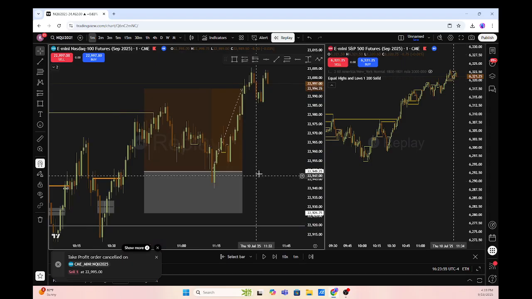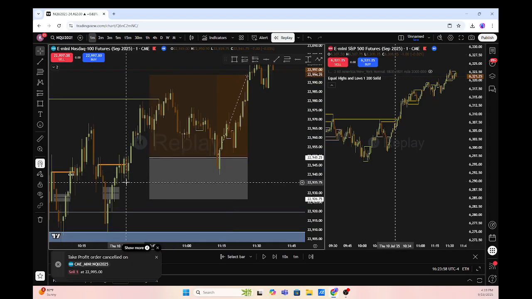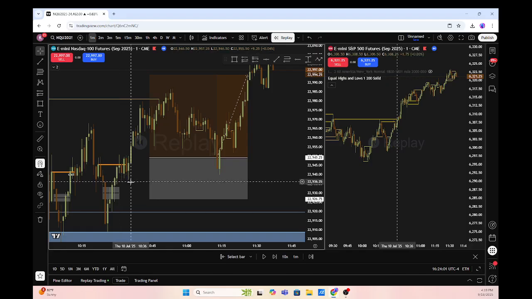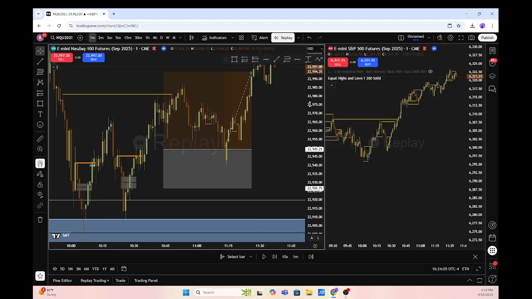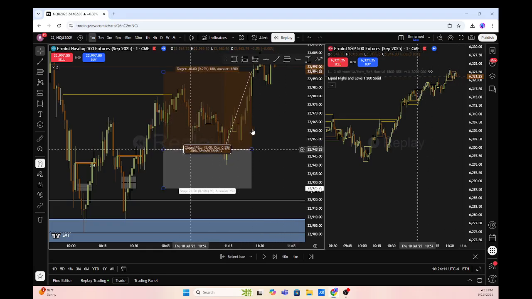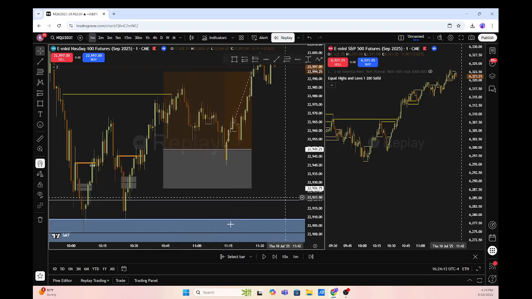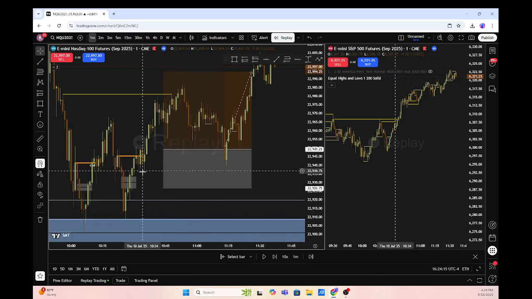Now you might be asking, why did I put my stop at this low, and not break even? Well, one thing I've noticed with my trading is that when I go break even, 9 times out of 10 I get stopped out of my trades, right? So what I've started to do is, if we have a low like this that's right under break even, that's not too much risk, I'll put my stop right here at this low.